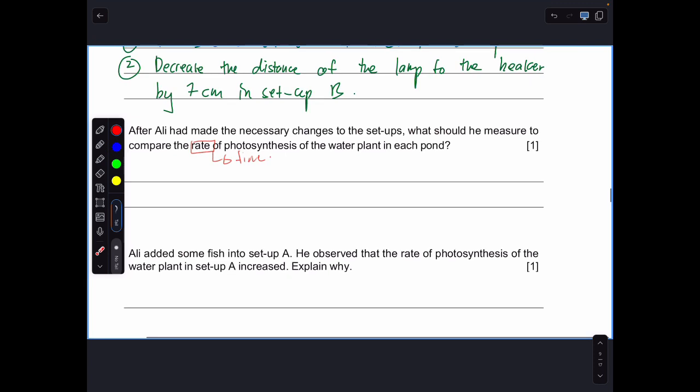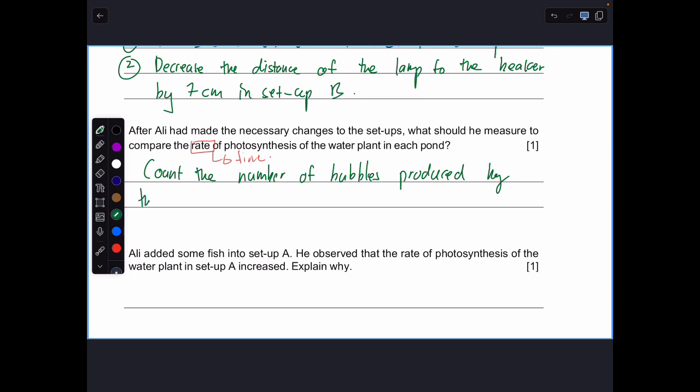So what you need to do is count the number of bubbles produced by the plant every minute for 10 minutes.